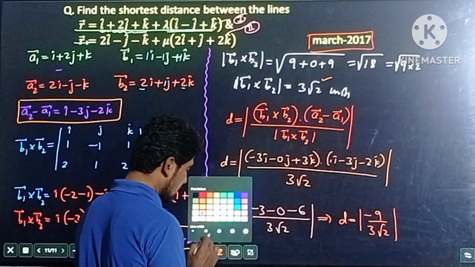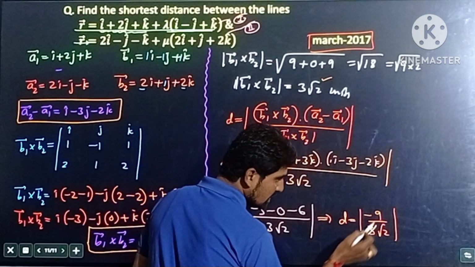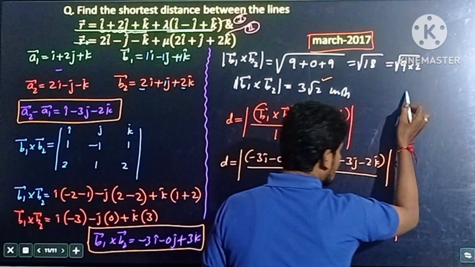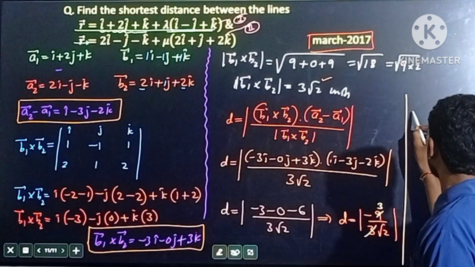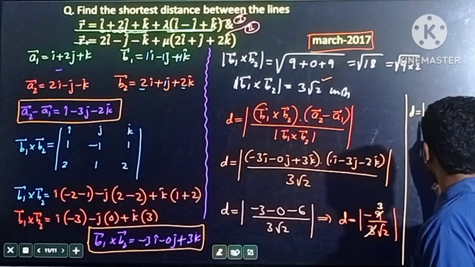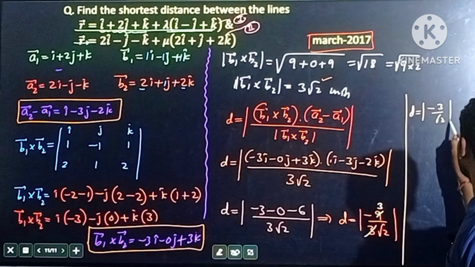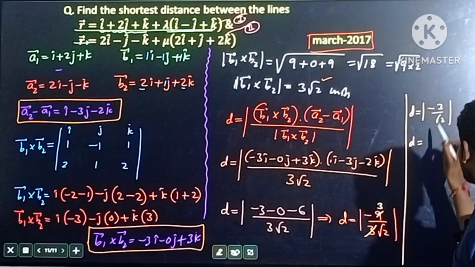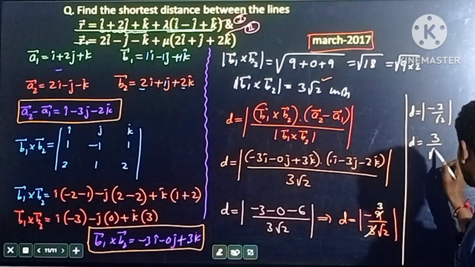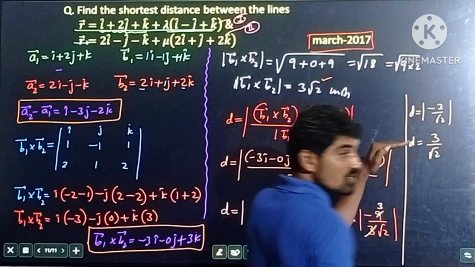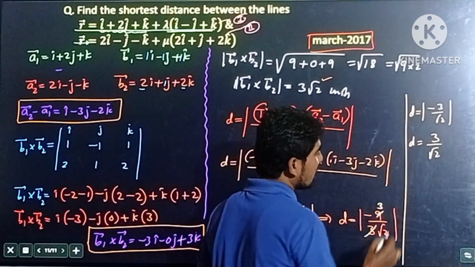Here I can cancel 3 ones are 3, 3 threes are 9. Therefore, distance d is equal to the modulus of minus 3 divided by root 2. Therefore, d equals modulus of minus 3, which is plus 3, divided by root 2. To remove the square root in the denominator, we rationalize.